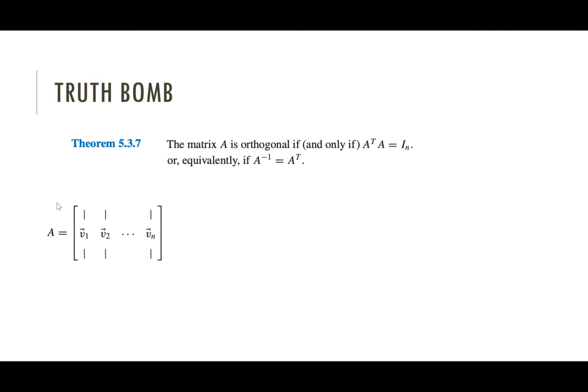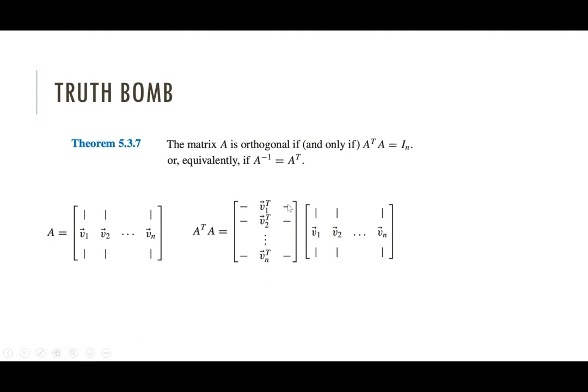So okay, let's write our matrix A in terms of its column vectors, and then let's calculate A transpose times A. A transpose takes the column vectors and turns them into row vectors, and now let's do this matrix multiplication. The first entry of our matrix is going to be the first row dotted with the first column.